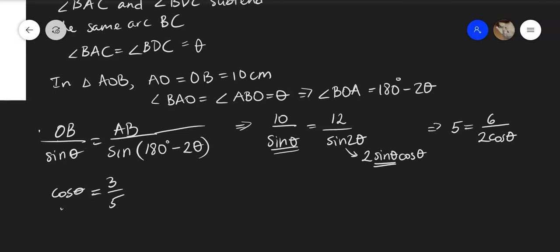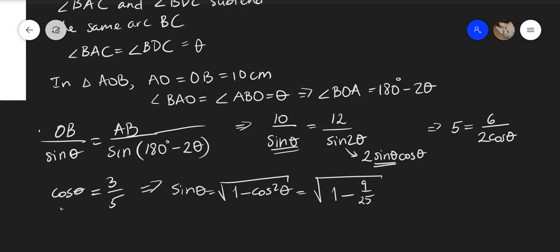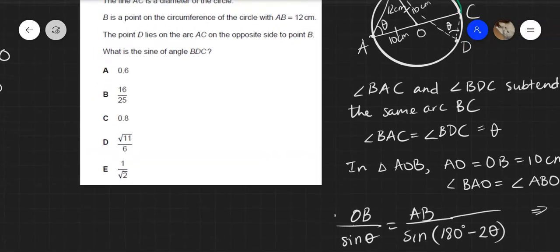Remember that we need to find sine theta, so I can use the fundamental trigonometric identity, which tells me that sine theta equals the square root of 1 minus cos squared theta. Let's plug the numbers in. 1 minus 9 over 25 gives me the square root of 16 over 25, which is 4 over 5. So the answer is 4 over 5, and this corresponds to option C.